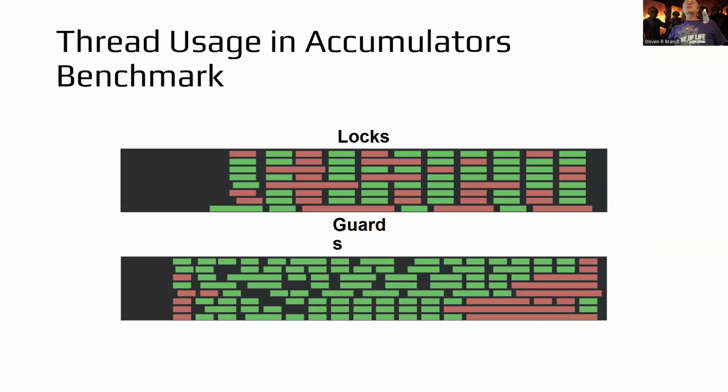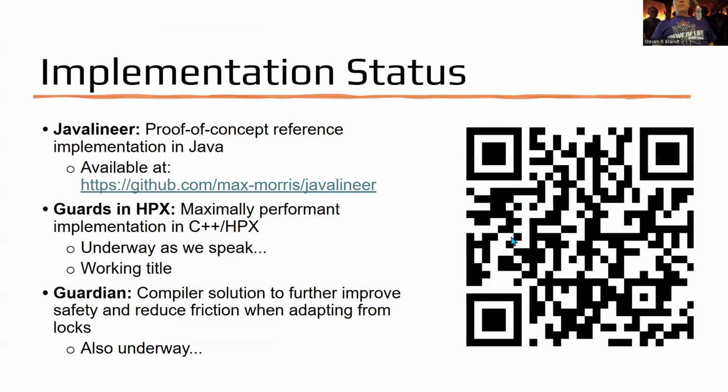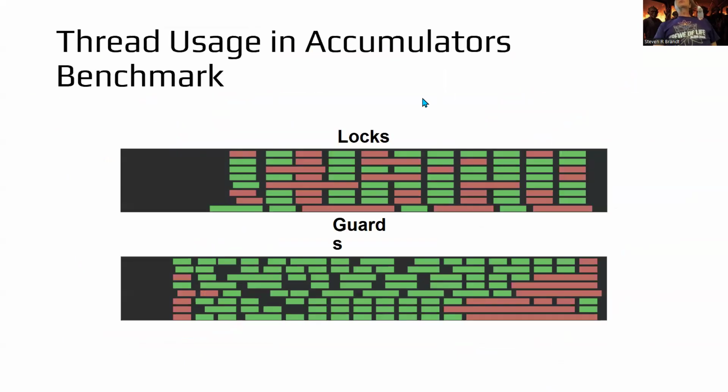But this is the thing that I like. This is a very small execution, but this is what the execution looked like from the IntelliJ profiler tool. What they're showing you here is the green tasks are running threads. The red are spin waits, where it's sitting there busy waiting.